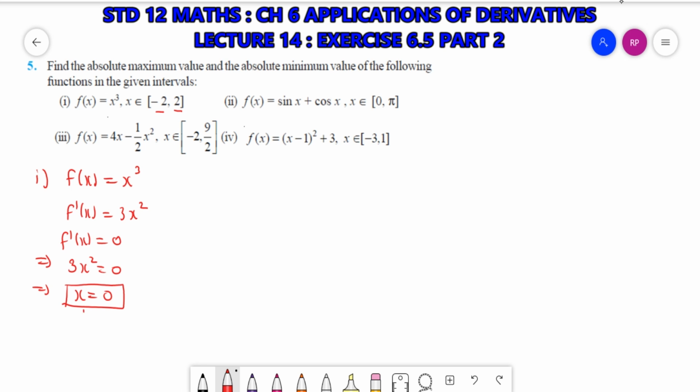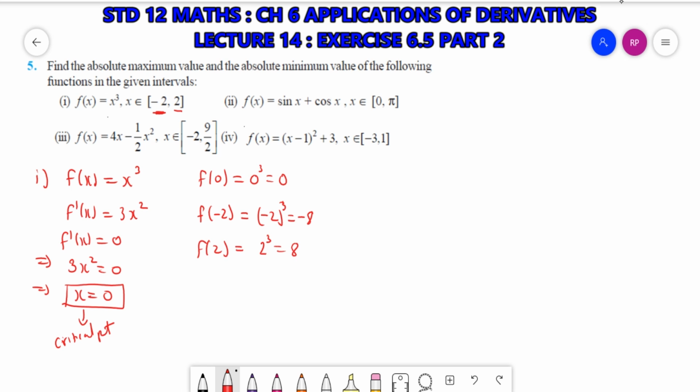So this is the critical point. Okay, so now f of 0, 0 cube, 0. f of the lower limit, that is minus 2, that is minus 2 cube, that is minus 8. f of 2, that is 2 cube, that is 8.